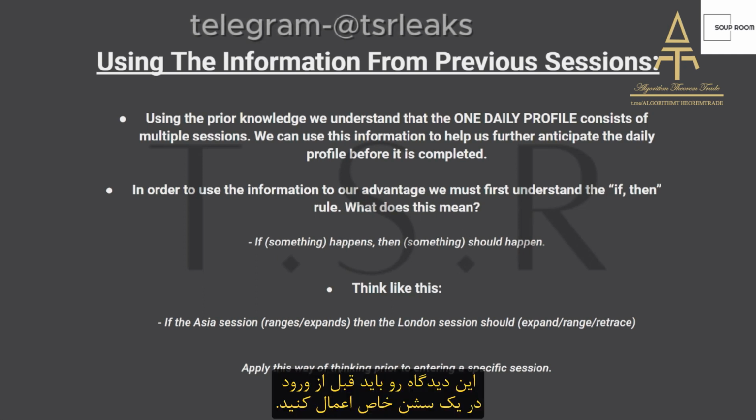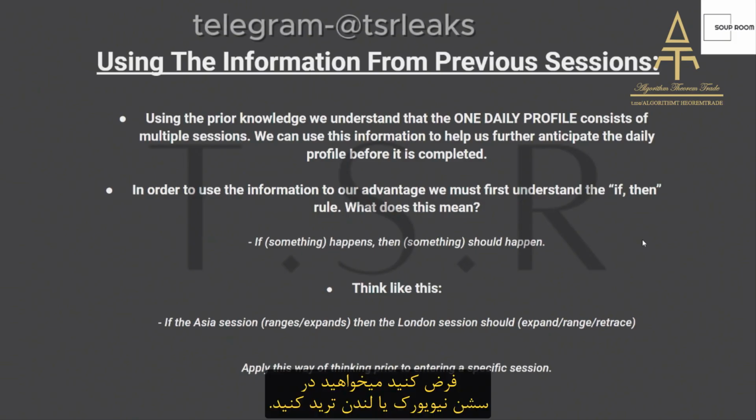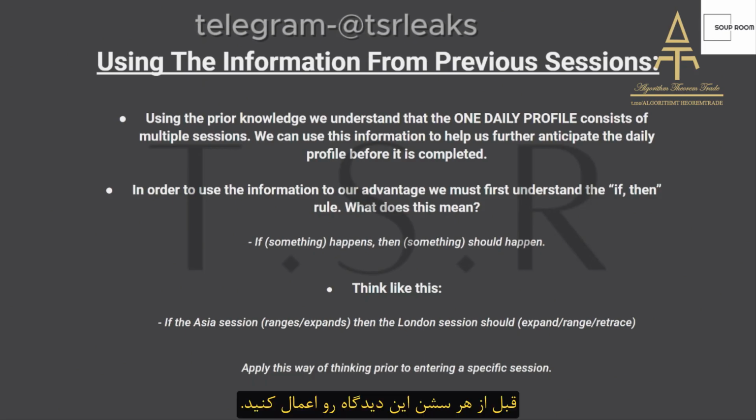Okay, so apply this way of thinking prior to entering a specific session. So before you think about executing a trade during the New York session or London session, always apply this way of thinking prior to actually even entering the session, okay?